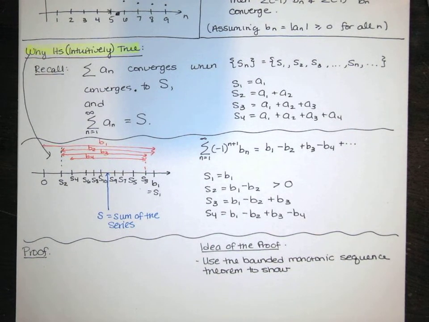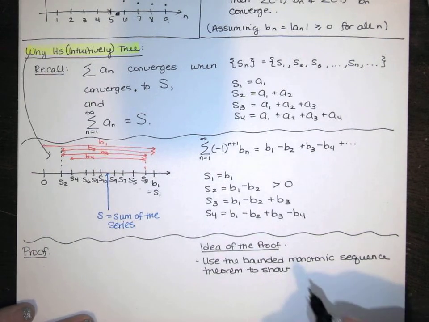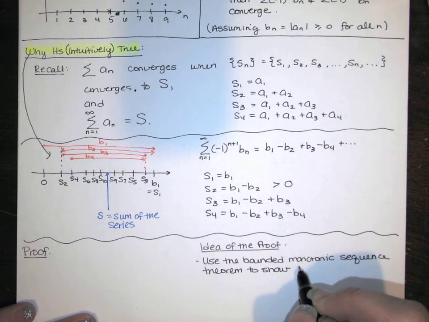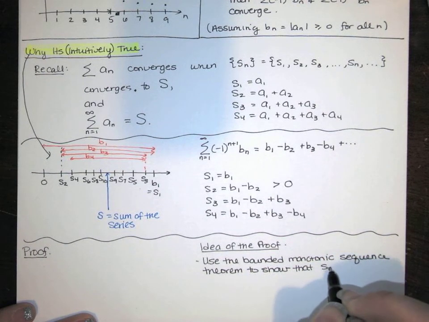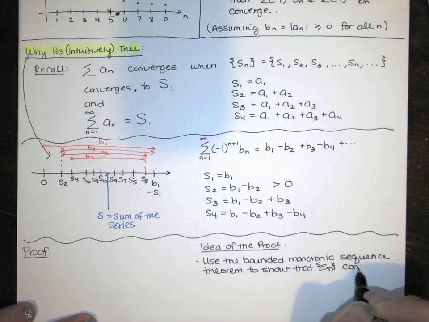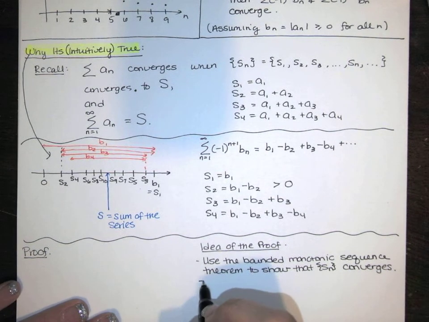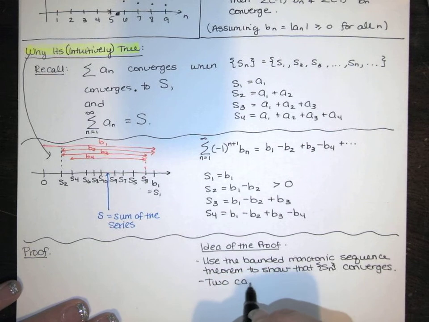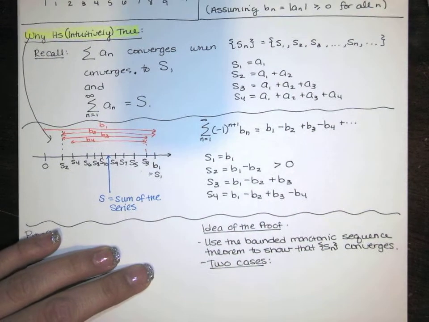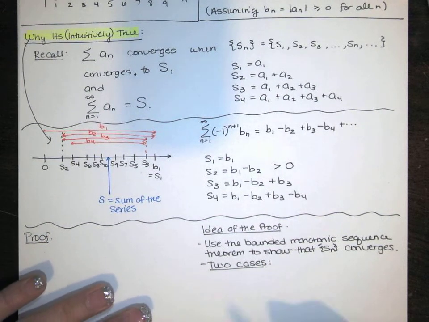Now, it's easier to do this if we look at it in two pieces. We're going to look at the partial sums when the index is even. So we're going to do this in two cases. We're going to show that the sequence of partial sums converges when the index is even.